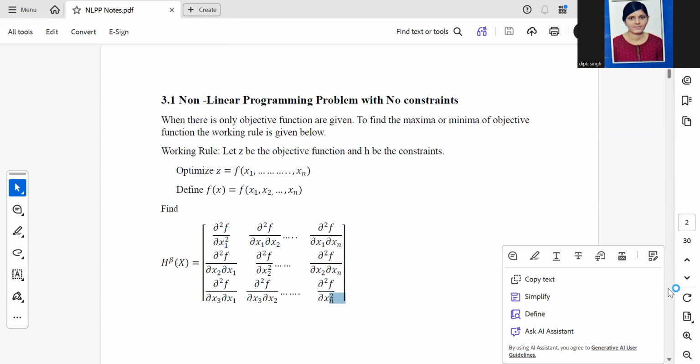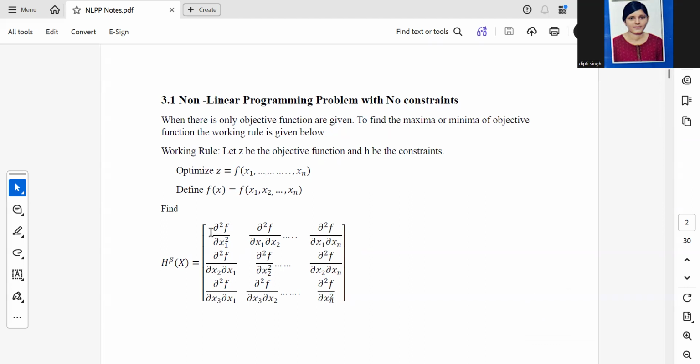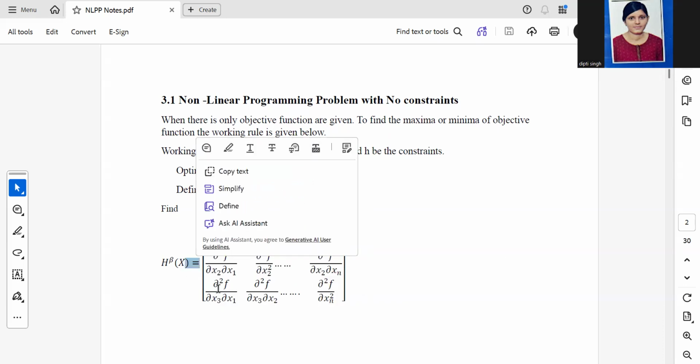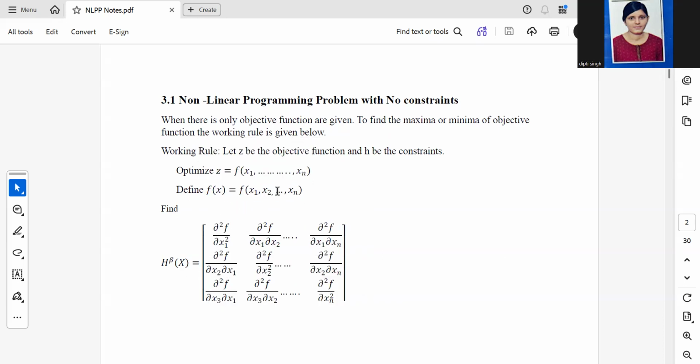Here we have this function, and for this function we find the Hessian matrix. That will depend on the decision variables. Here you can see there are n decision variables, so the matrix will be n times n.